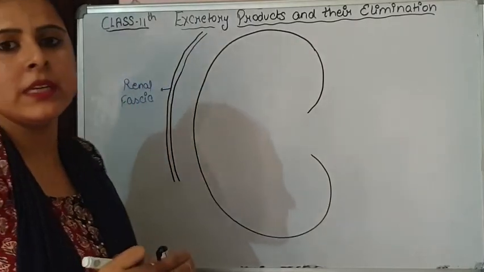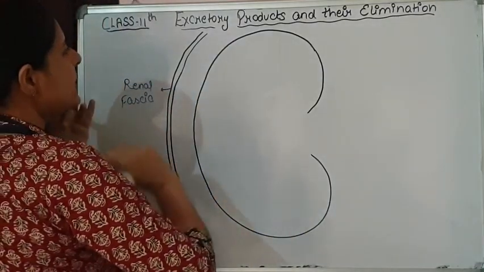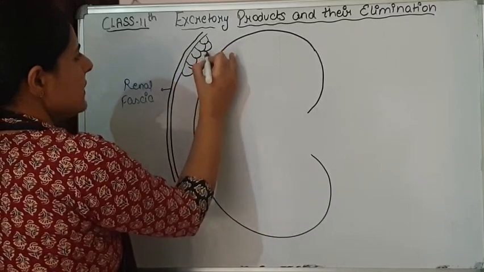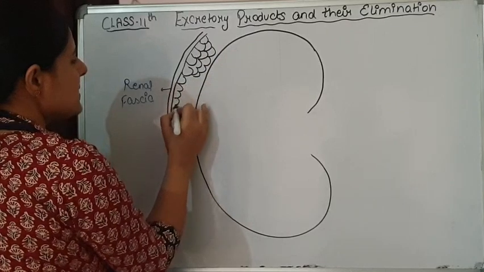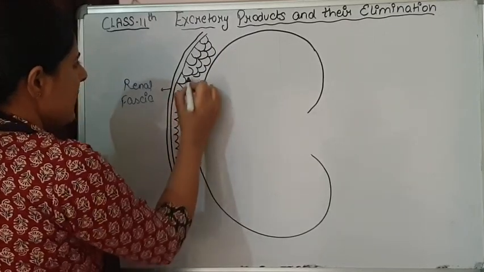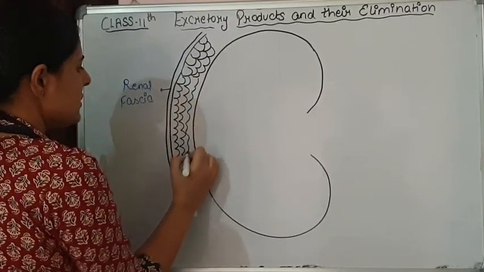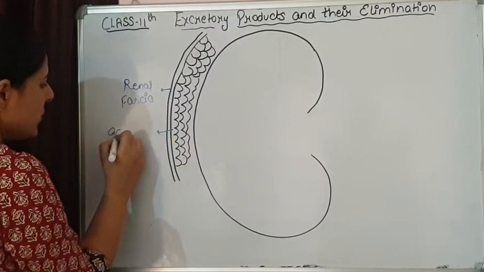Inner to this renal fascia is a membrane of fats. Fat is deposited here, and this membrane showing fat deposition is known as the adipose capsule. I am showing just a little bit of it.